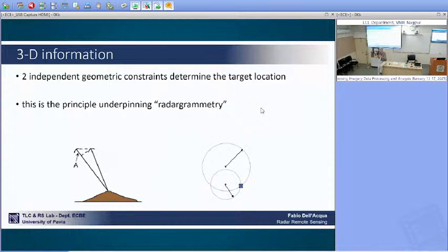So typically, when you have two acquisitions on the same area, these two acquisitions are taken from slightly different viewpoints. So if you can measure the distance of this object from the first location and from the second location, because these two are different, it's the same orbit, but it's only approximately the same, then you can triangulate. So you can combine this distance with the location information, and you can determine the location of this point that caused the reflection.